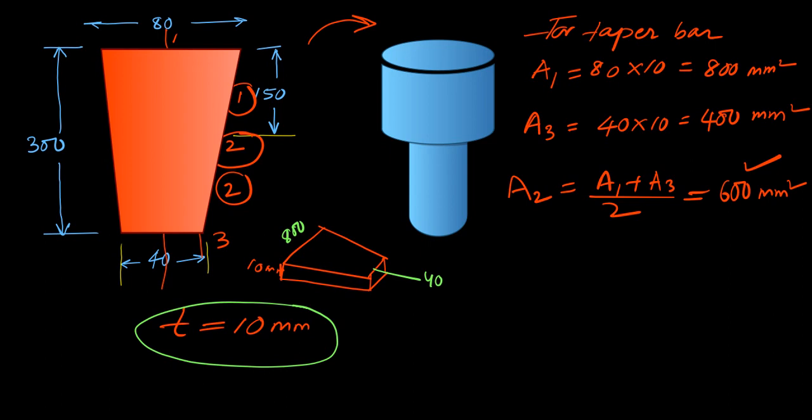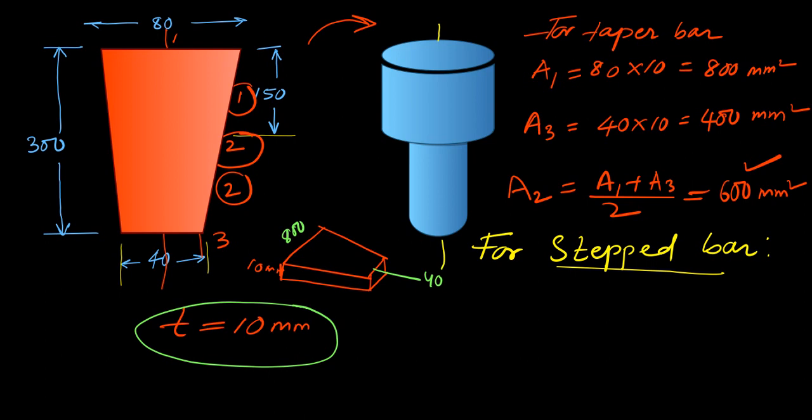Okay, now we'll go for the stepped bar. Okay, so let us assume the stepped bar will be converted like this. Now here again it will be the same, node 1, at the midpoint there will be node 2, and here there will be node 3.